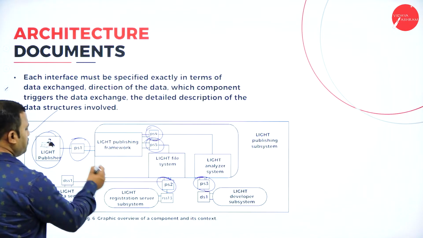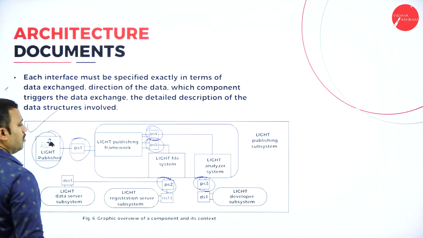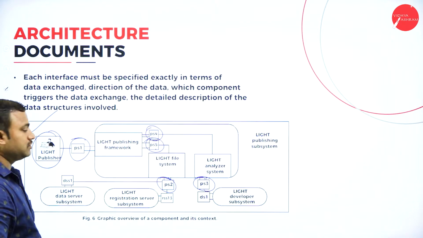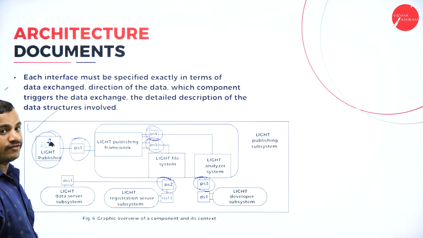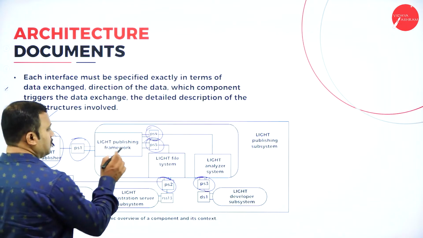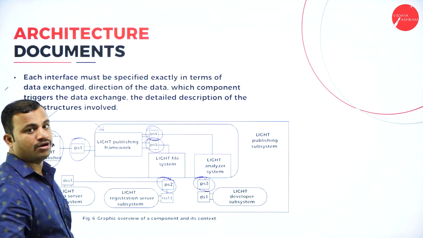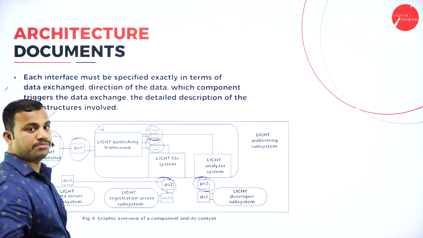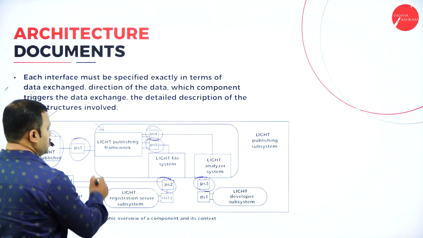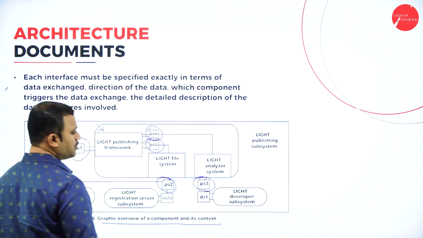All these are called the framework. That is Publisher 4, 5, 3, 2, 1, all called the work involved in the process of publication of any of the proposed methods. So we have this diagram, the graphic overview of the components and its context.